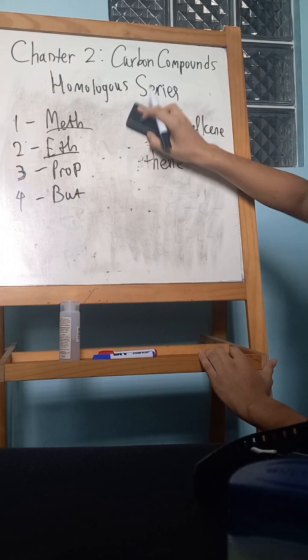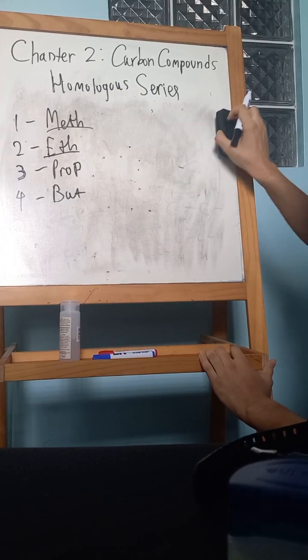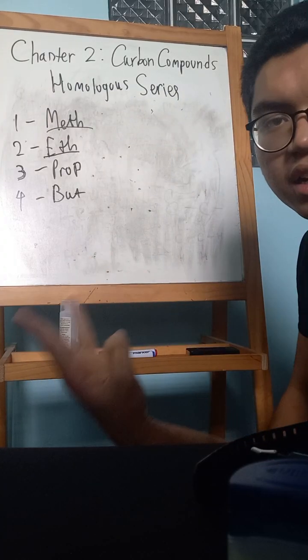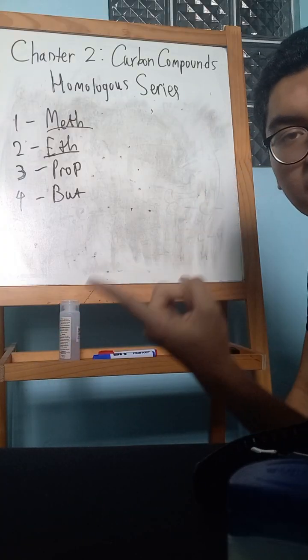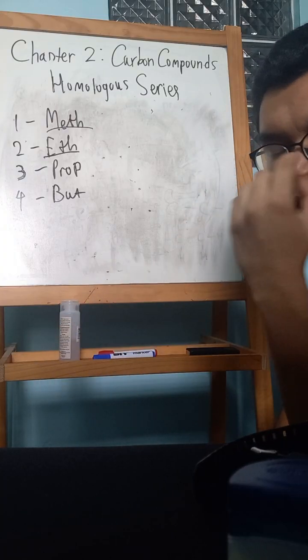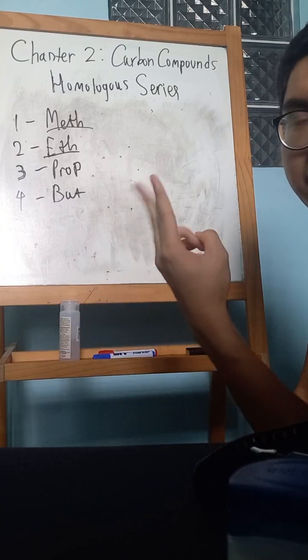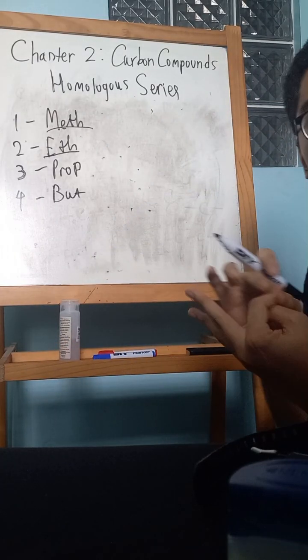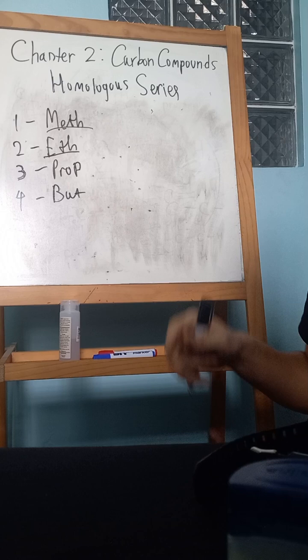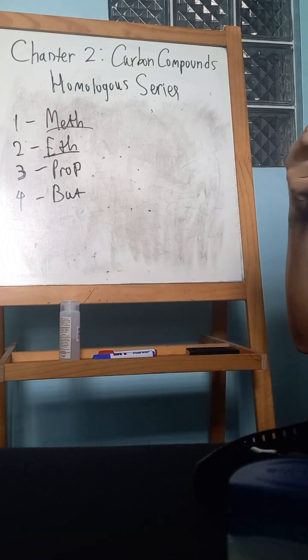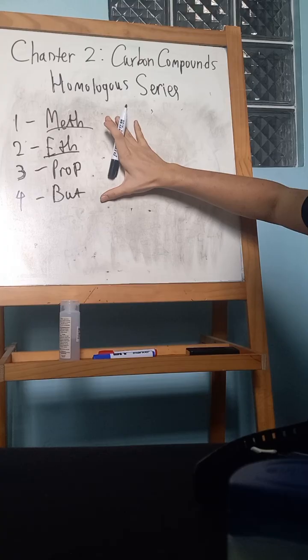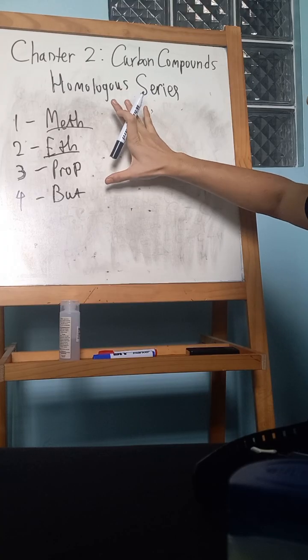Now, it's kind of the same for alkanes, alkenes, and alkynes. For alcohols, both carboxylic acids and esters, it's a bit different. I'll only cover alcohol and carboxylic acid. Esters are a whole different case. I'm only giving you 1 to 4 because these are the only important prefixes.